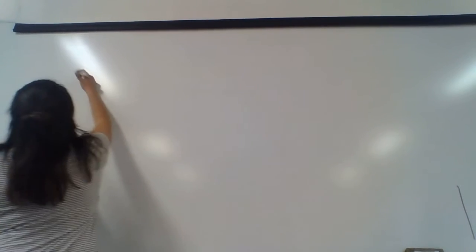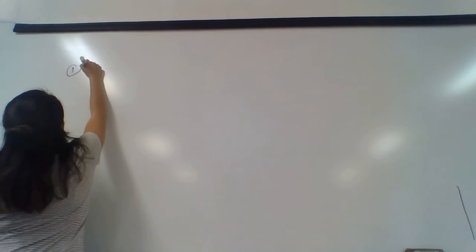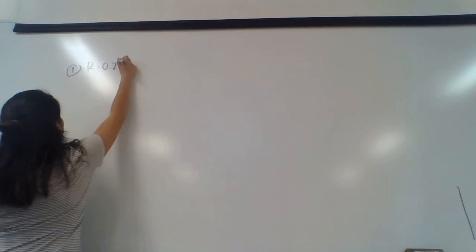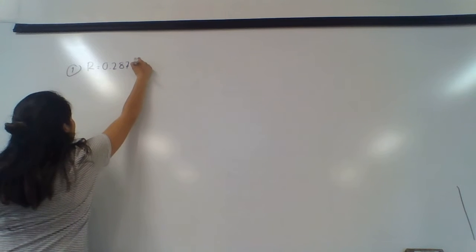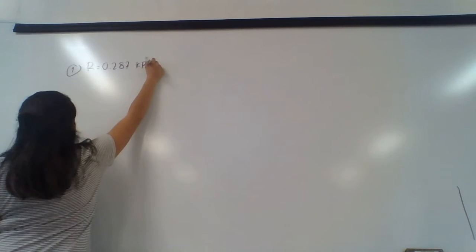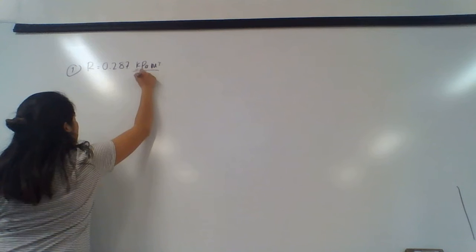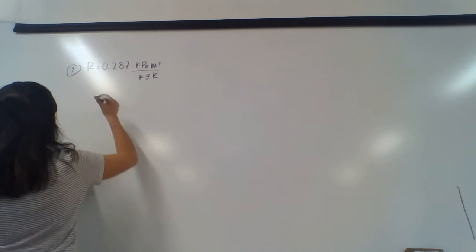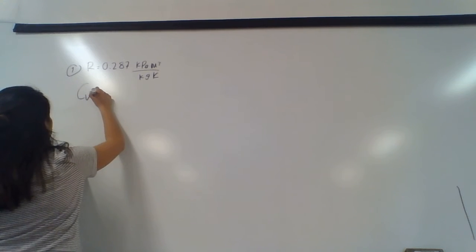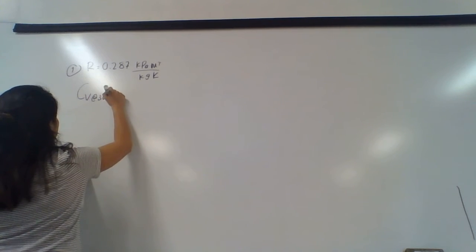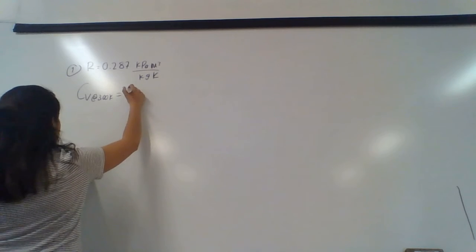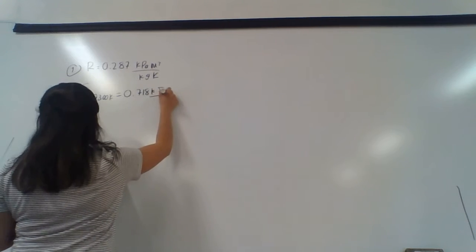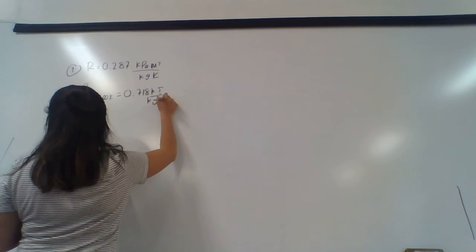So R equals 0.287 kilopascals cubic meter over kilogram Kelvin, and we also have to look for the CV value. The CV value at 300 Kelvin, which is the room temperature, equals 0.718 kilojoules over kilogram Kelvin.